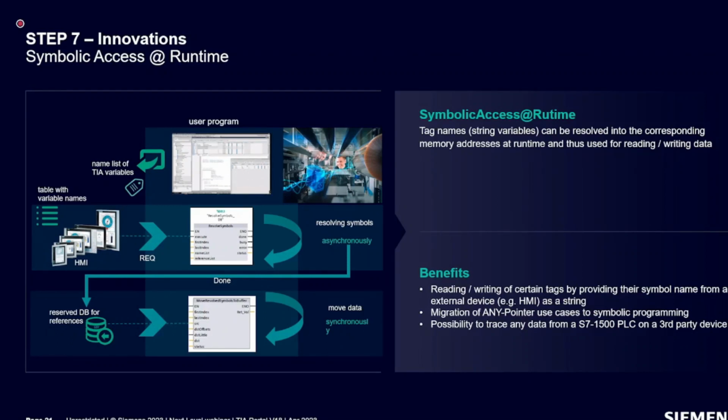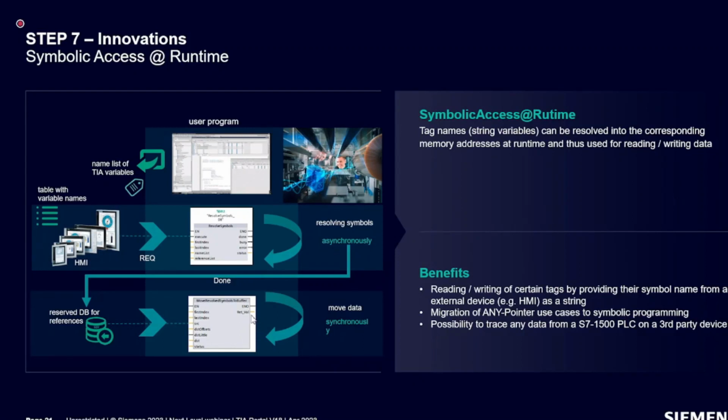To have the ANY pointer concept in TIA Portal, we have now introduced symbolic access at runtime, where you have two different blocks: the first is called ResolveSymbolDB, and the second is MoveResolvedSymbolsToBuffer. What is the benefit of it? You just give the tag name, it automatically finds the address of the tag, and you can access the tag in real time, or dynamically.